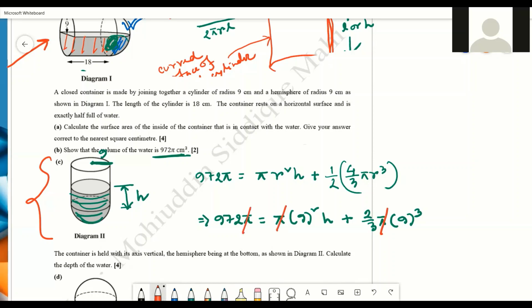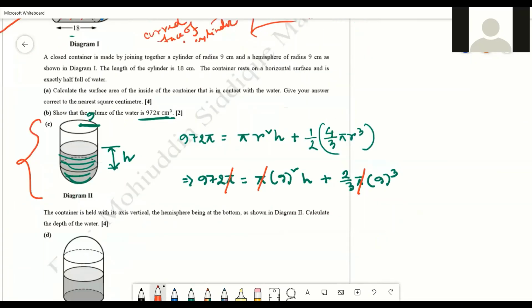So now if you make h the subject, I'm not going to go into that calculation. I've already done it. It's correct. So you can practice it on your own. I think it's simple algebra. You will be able to do it. If you solve it, you will get the answer as 6 centimeter. But let me check again if I have made any mistake or not.